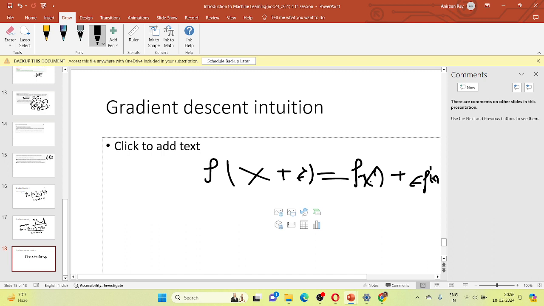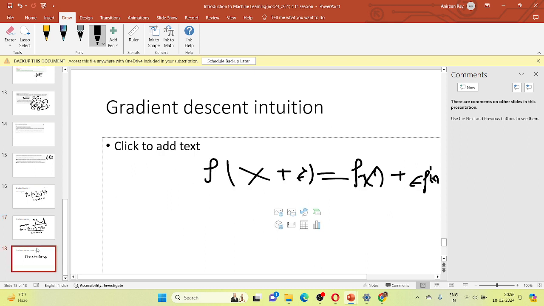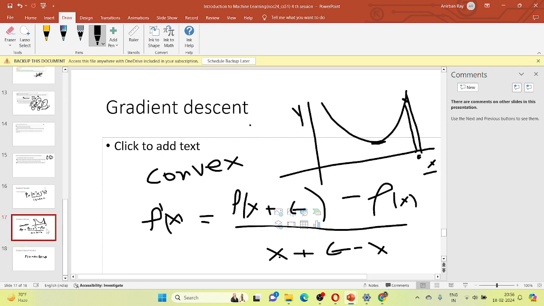And as you can understand, we are looking for this minima here. So to get to our minima we need to subtract some value from the function value.